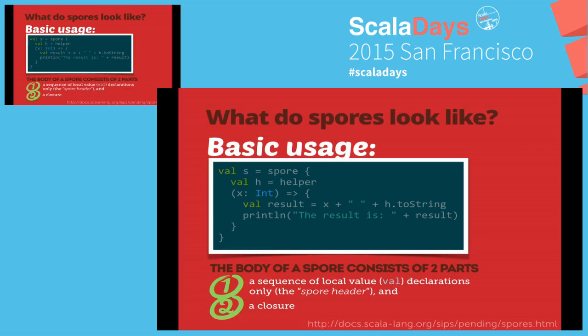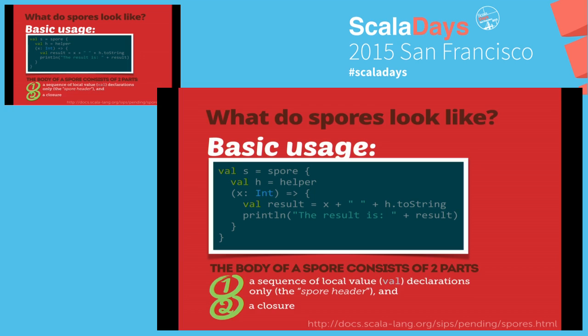So this is what a spore looks like. This is the ugly longhand definition. There are implicit conversions to shorten things up a little bit, but this is what they look like in general. You have this spore keyword, or not a keyword, but a spore-like identifier.